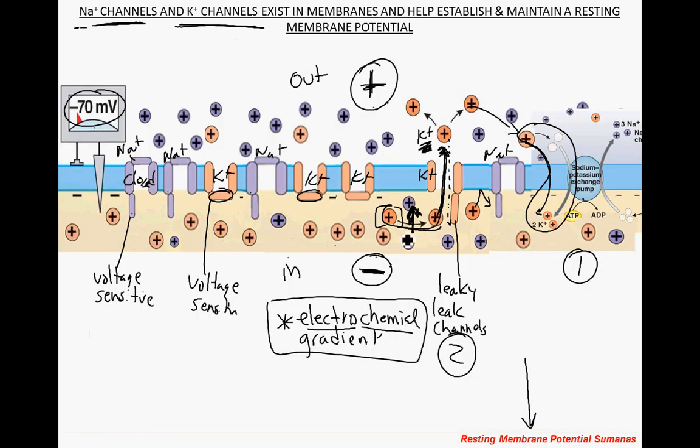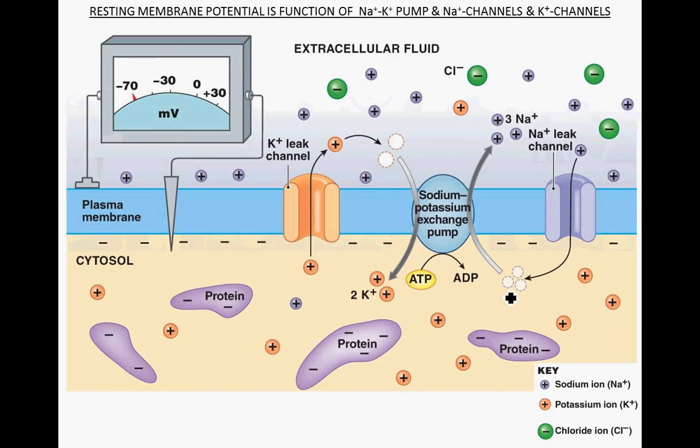But then we also have these leaky potassium channels where some potassium is going to be diffusing out, by facilitated diffusion. But not all of it, because then you get this attraction back in. So you have this cycling of these potassium ions. And again, I think clicking on that will be a little bit better. This is just showing you the whole overall situation.